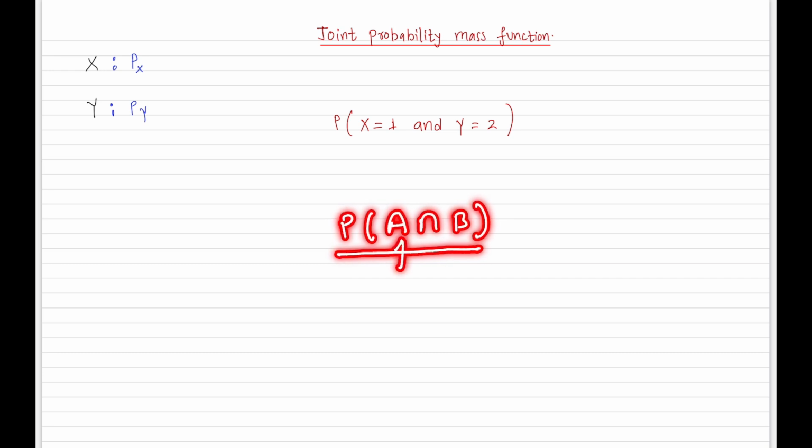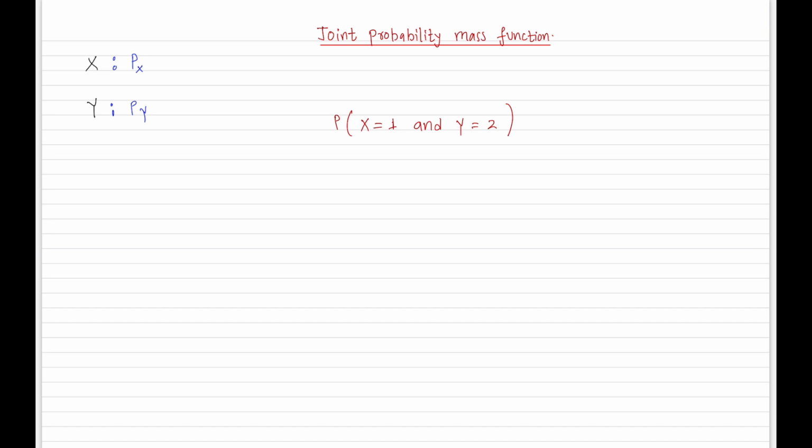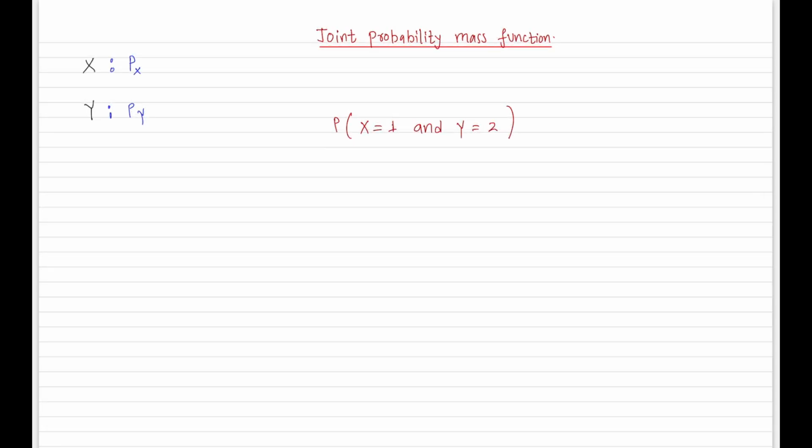If these two events are independent, then that probability will be the probability of A times the probability of B. But if these two events are not independent, then they fall into the category of the conditional, right? Right now I haven't discussed anything about dependence or independence of random variables. We will discuss that in further videos.